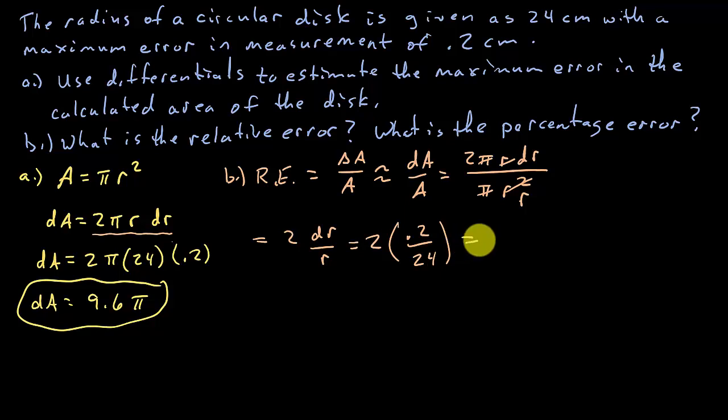So 2 times 0.2 divided by 24 is 0.0167. This is your relative error.